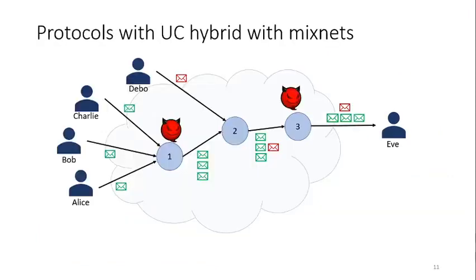Yes, we can mix user coordination with other techniques and increase the latency overhead to reduce bandwidth overhead. For example, in this case, Alice, Bob, and Charlie are participating in user coordination, but Devo is daring. He doesn't participate in user coordination. He sends his message as a packet, and all the four packets reach Eve.